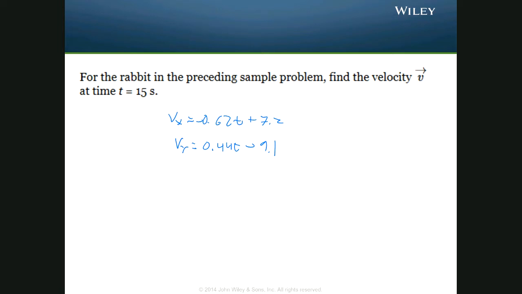But you can see you have these functions of t, and you can just plug 15 seconds in, and you can get your velocity components. Someone plug it in and see what you get.